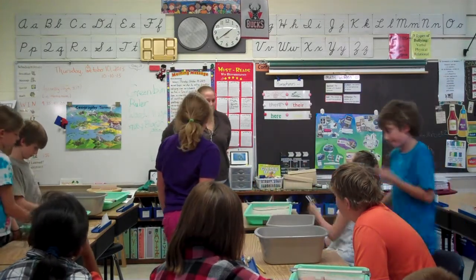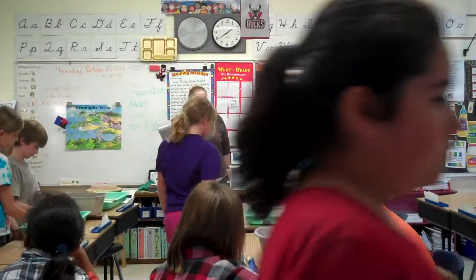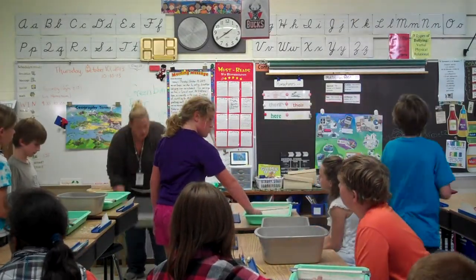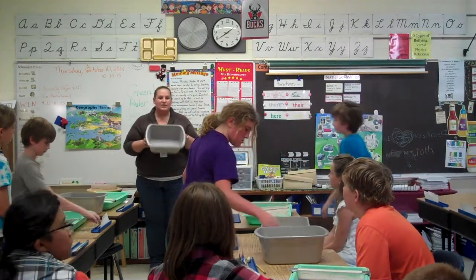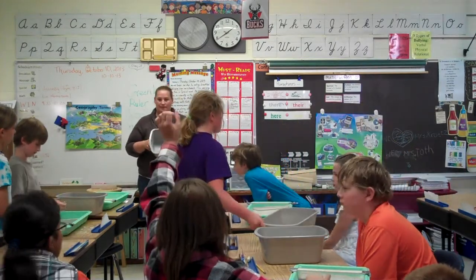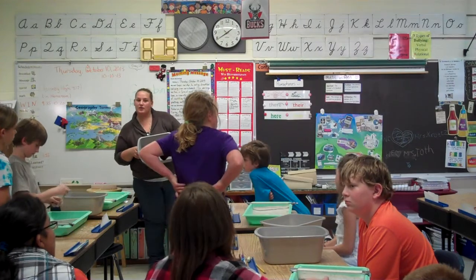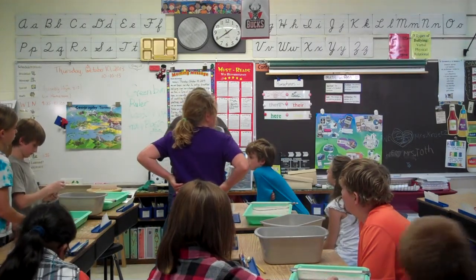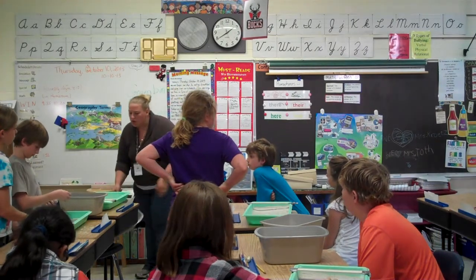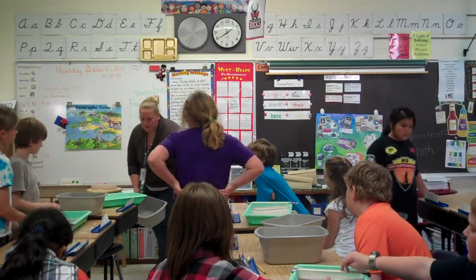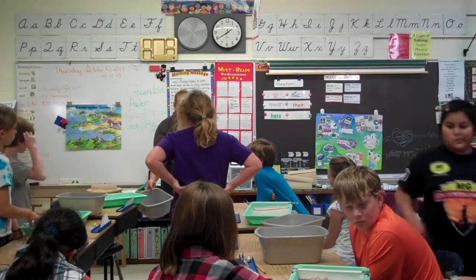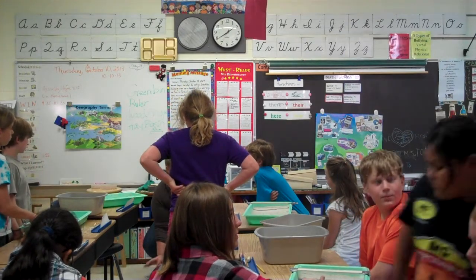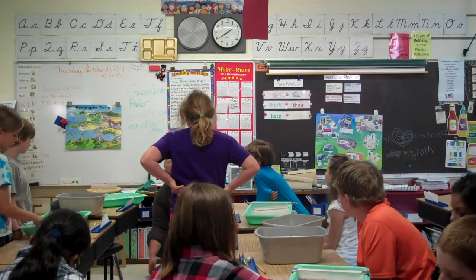Most likely because it'll come down with the water, right? And that is erosion. But we have to be very careful about where we place this. Why do we need to be careful about that? Samantha? So the water and sand is on the floor. Yeah, we want the water and sand to end up in here, not on the floor. So when you're starting your experiment, have someone keep it up here and follow it down. Okay? So we know where it'll end up landing so we don't get it on the floor.